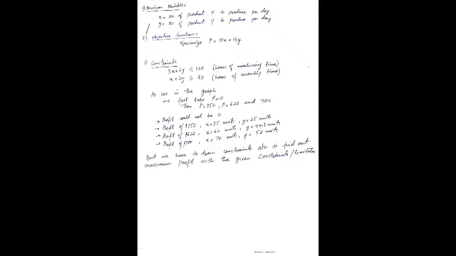And remember that these values 350, 620, and 700 are random values. You can take any value you want. So first we take this value of profit equal to 350, and we can take any point.